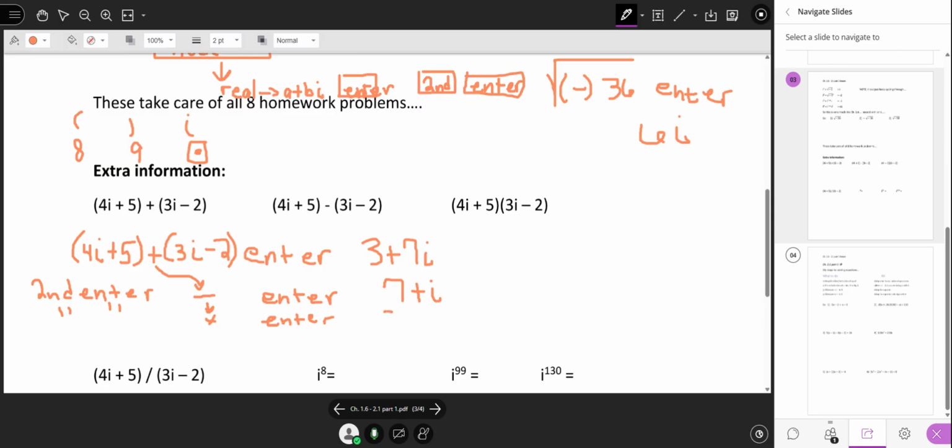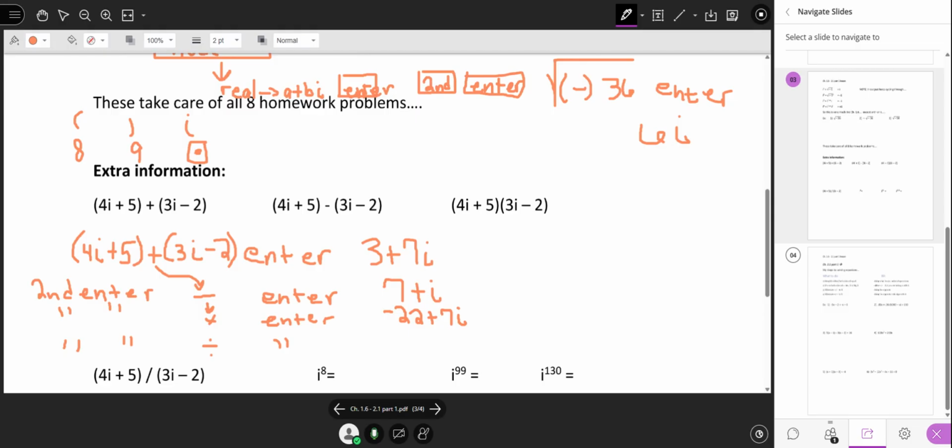And it will tell you negative 22 plus 7i. Then second enter, change to a divide sign. And it's going to give you something really, really nasty.